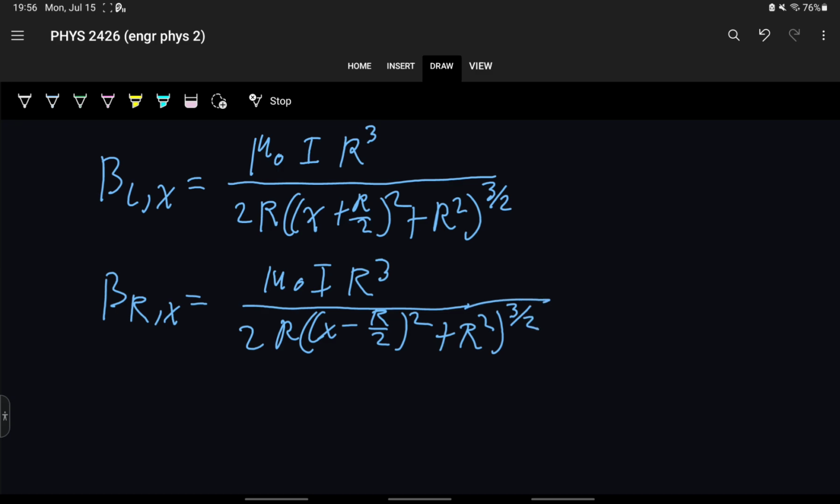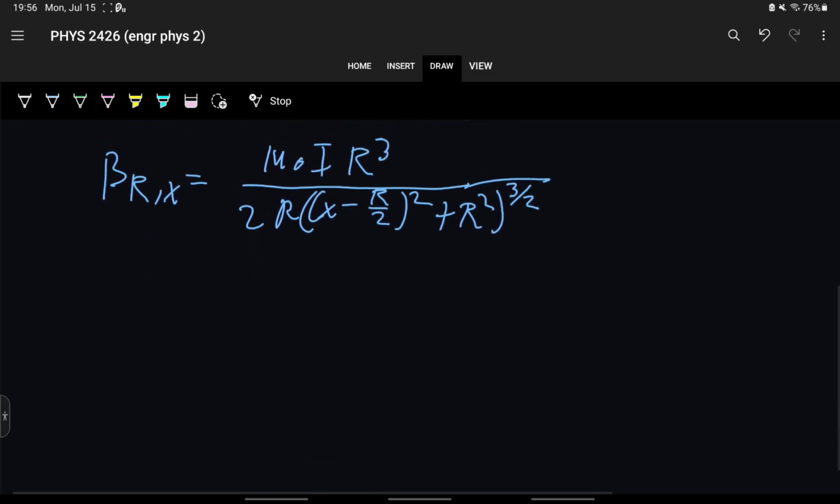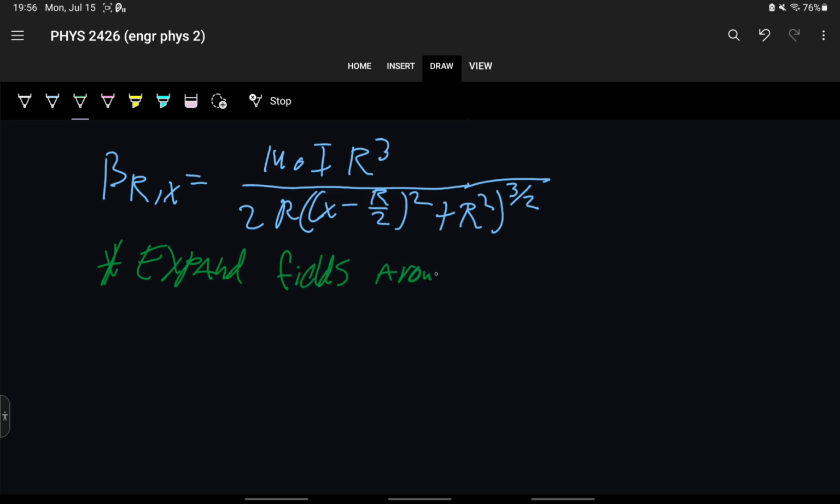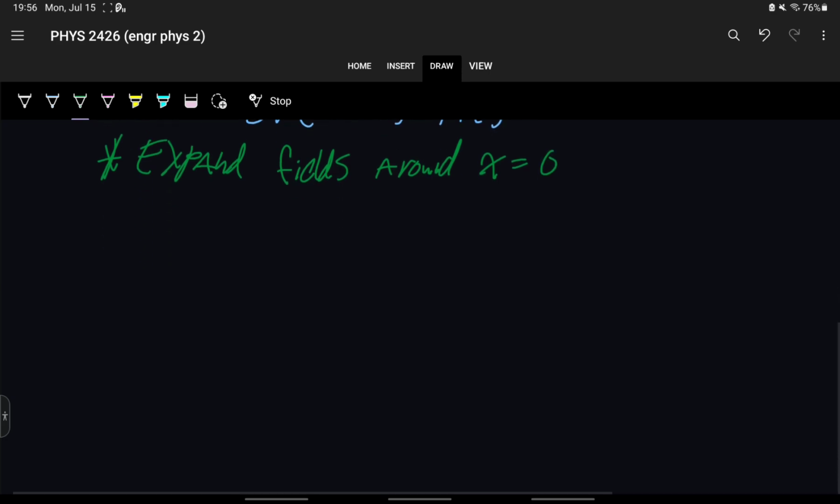Okay, and so we are expanding the fields around x equals 0, sorry. So let's take a look at the expansion for the left loop.